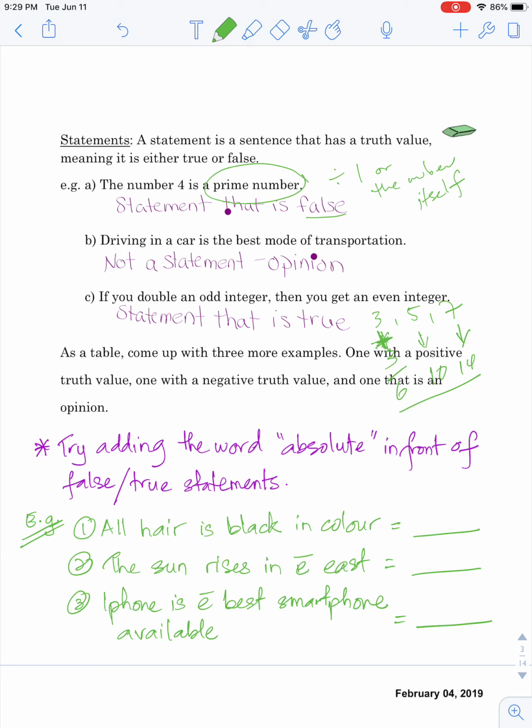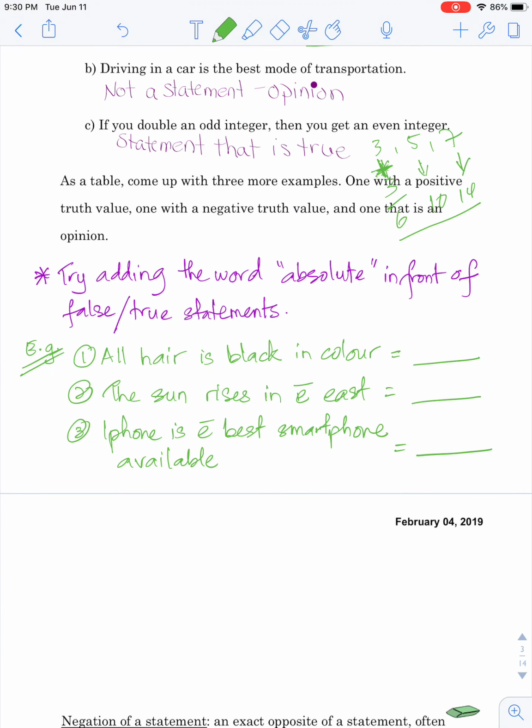Okay. And I've written down here, try adding the word absolute in front of true false statements to provide an emphasis. So we came up with our own examples. All hair is black in color. That is an absolute false statement because we have blondes, we have redheads, we have brown hair, right?